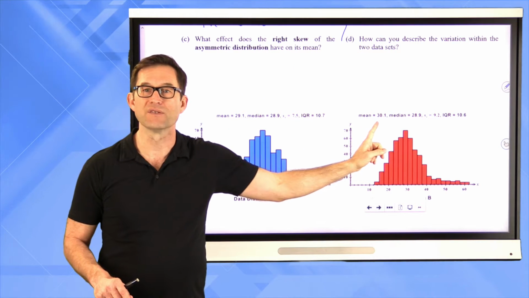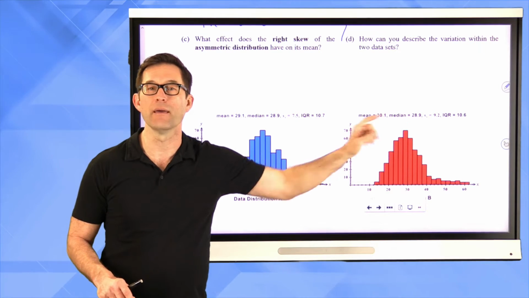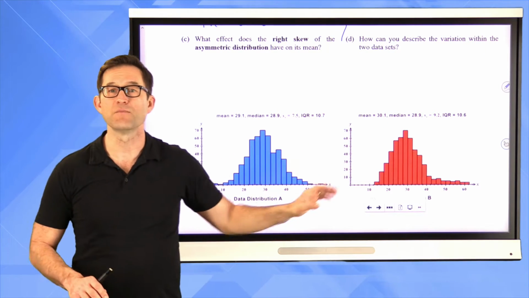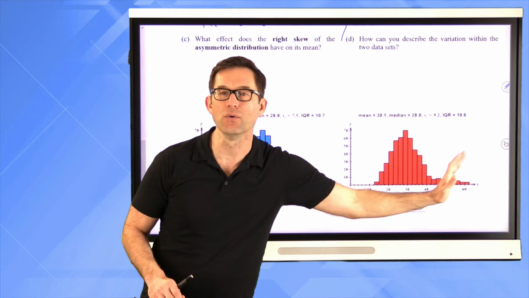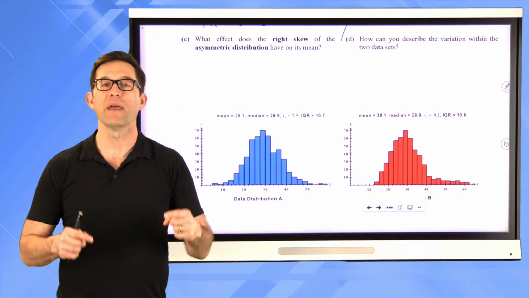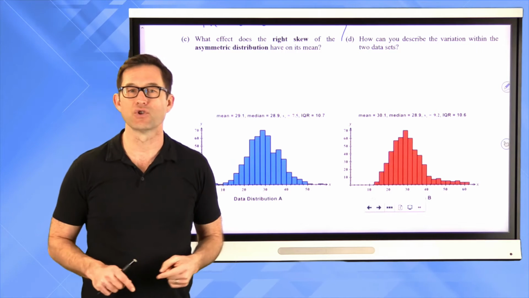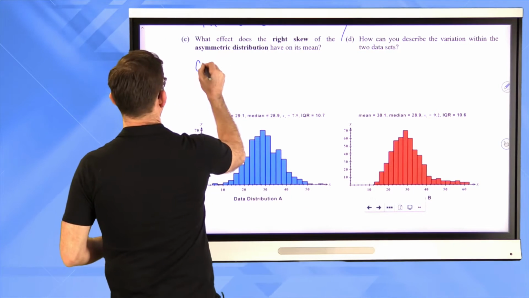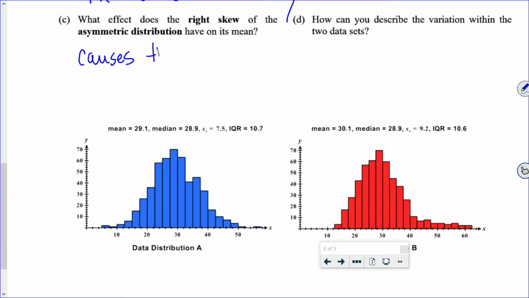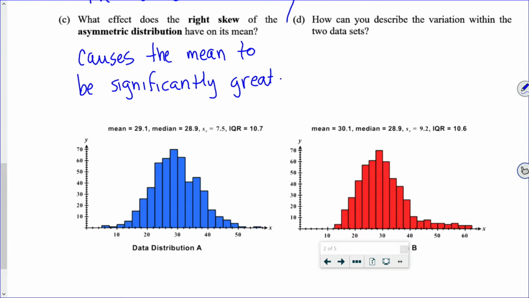Well, the mean of this is 30.1 and the median is 28.9. What it does is, because there are these larger values that push way out here, it makes the mean significantly greater than the median.